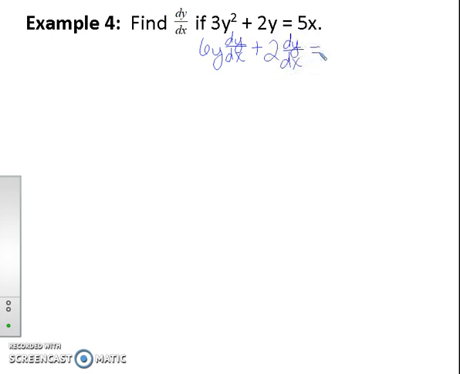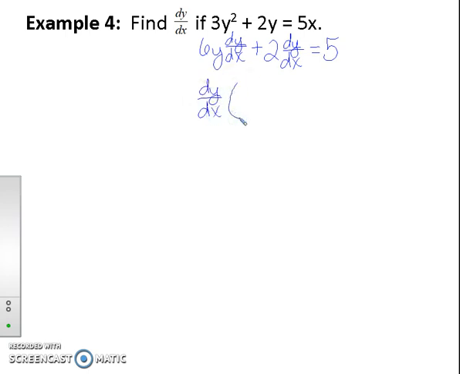Then I bring down my equal sign. The derivative of 5x is 5. That was already in terms of x, so I do not need to write dy dx next to it. Now notice here, I now have two dy dx terms. So I would bring them to the same side. These two happen to already be on the same side though. So now I want to factor dy dx out of those two terms.